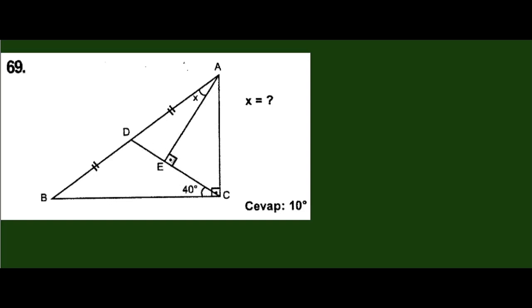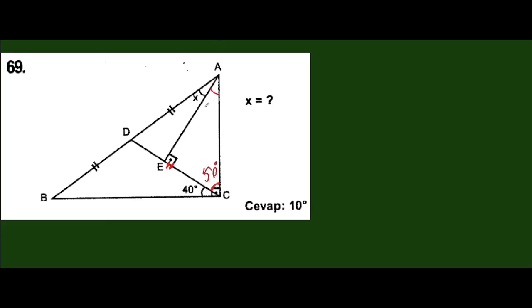Again, we have to say that this DC line segment, which is the median here, will be equal to DA. And this will be 50 degrees here. 90 minus 40, that is 50. And this angle will also be 50 degrees.